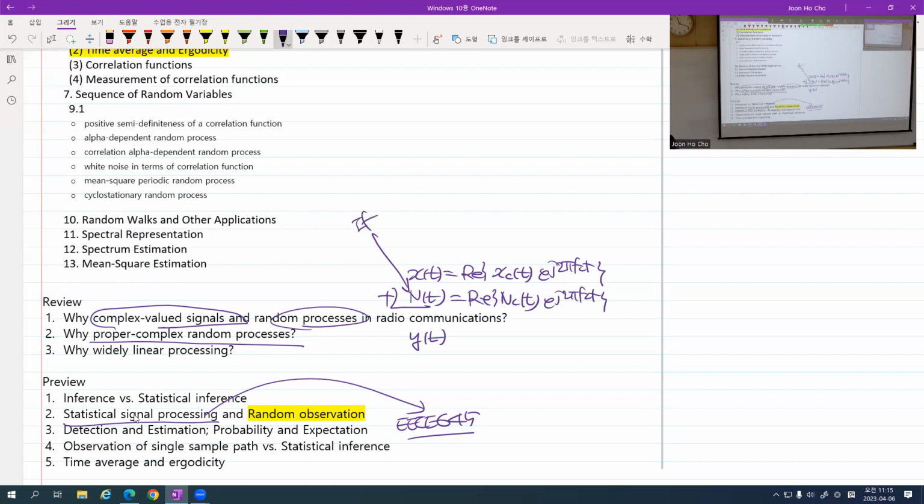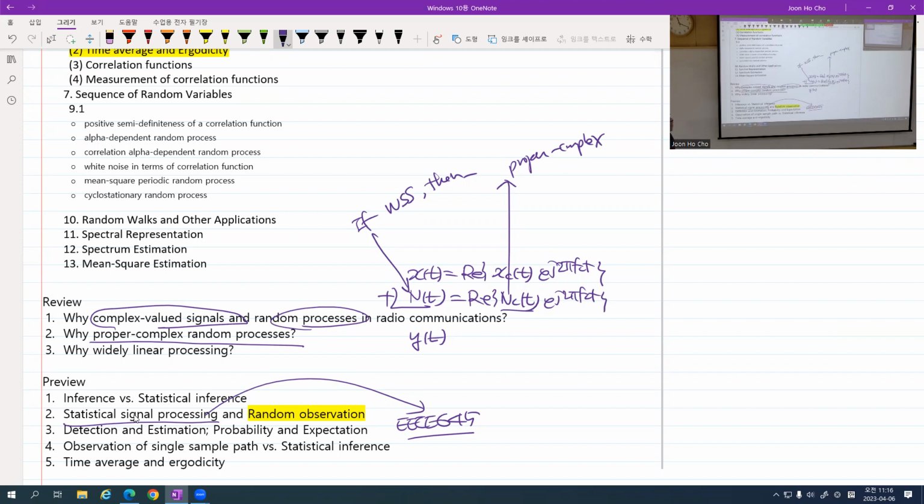If this is wide-sense stationary, then our conclusion is that this is proper complex. I didn't show it, but it's not that difficult to prove. The proof or justification will be deferred until we study the power spectral density.